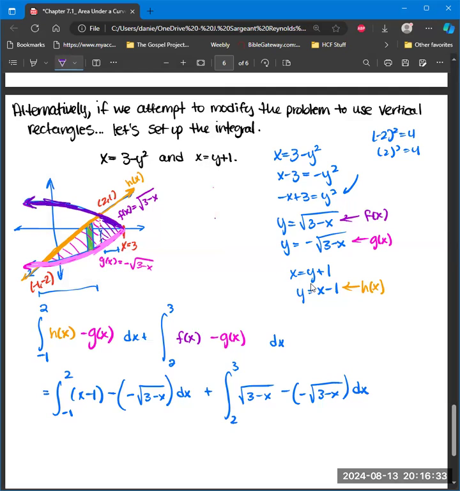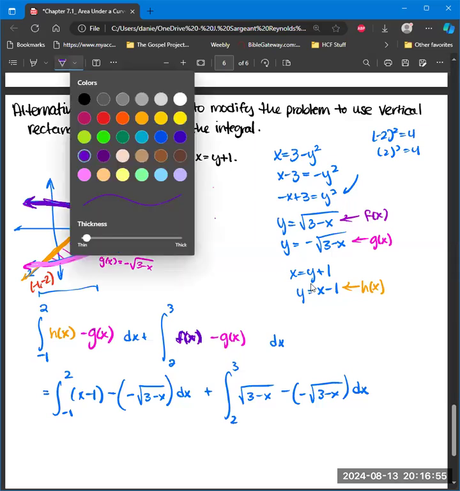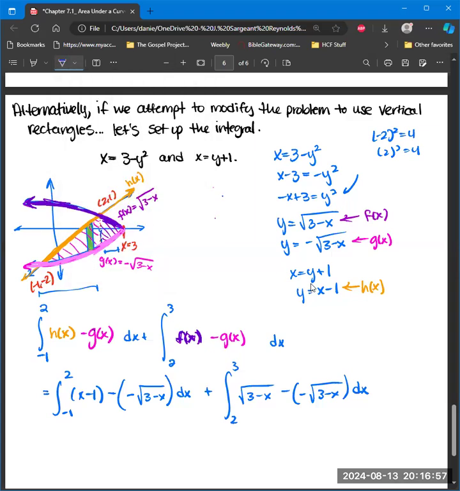All right. So we want our f of x to be this dark purple, and g of x is going to be this pink color, and we've got the green rectangle that's vertical, and then h of x is going to be that orange color there.